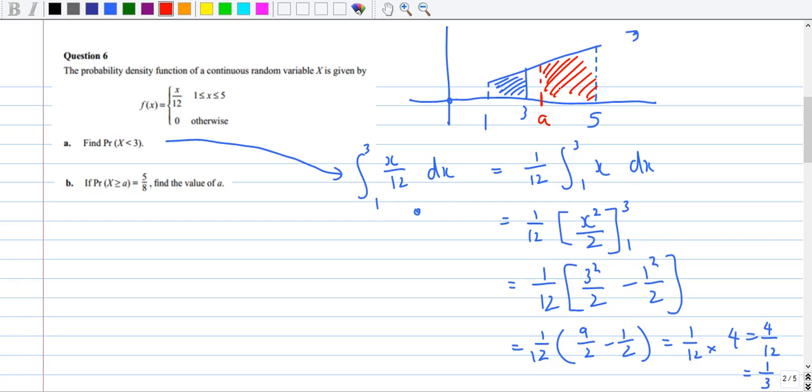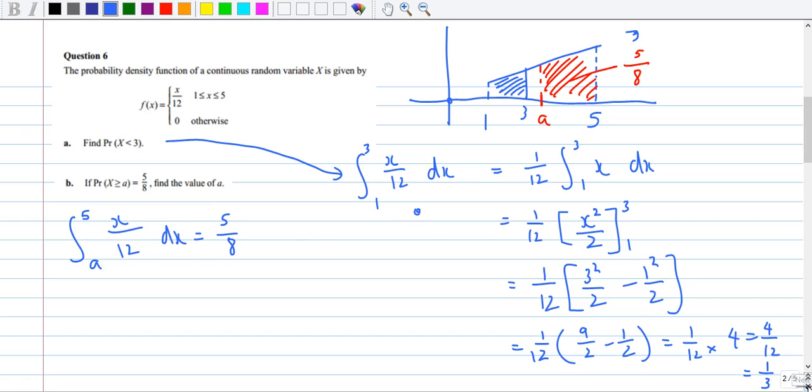The chance of x being greater than that is equal to 5/8, so this area in here is equal to 5/8. So what we're going to do is set up an equation saying, if I was to find the area between 5 and a, underneath this function, it would equal 5/8. And I'm going to solve that equation.